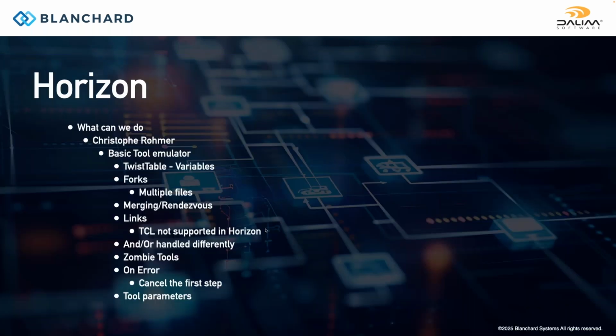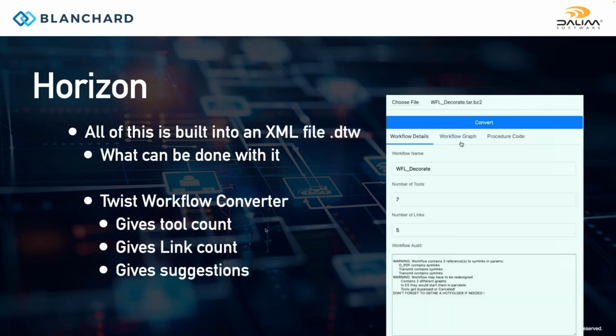So as Christoph Romer said, you deal with the information in Twist tables. That doesn't exist in an ES workflow. Forks, rendezvous, different Tickle links, and/or things, the zombie tools, the on-error tool behavior. All of that is completely different in Twist versus how ES workflows or Horizon workflows are going to work or do work.